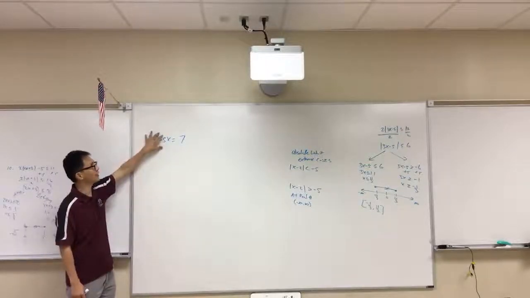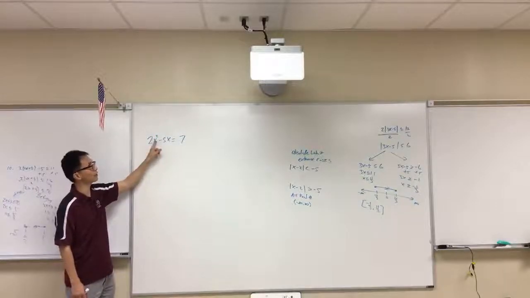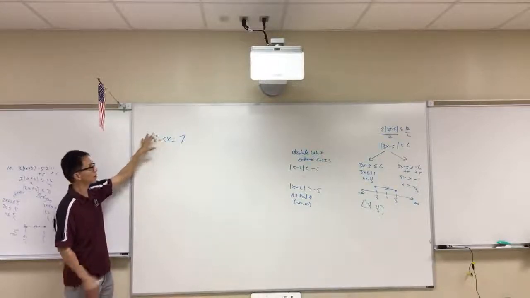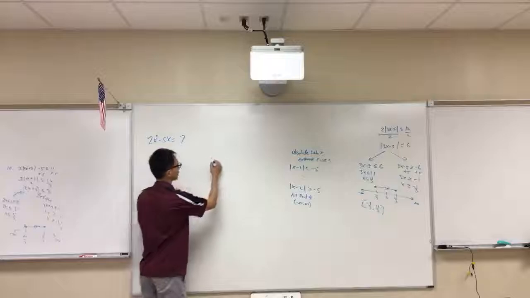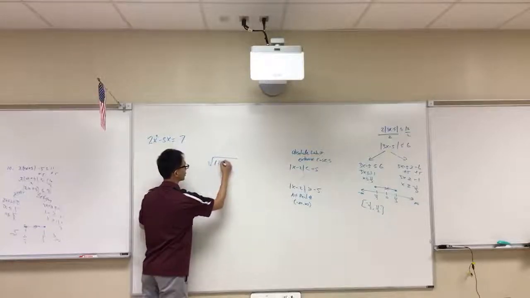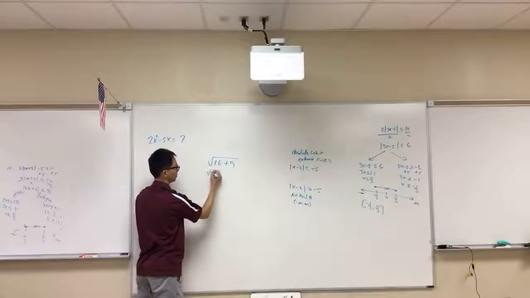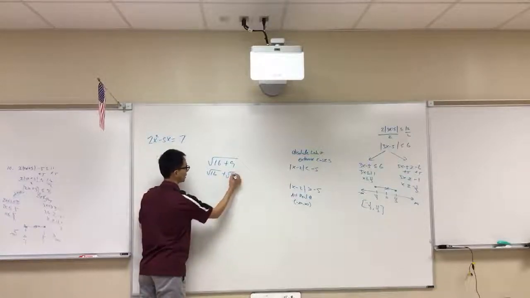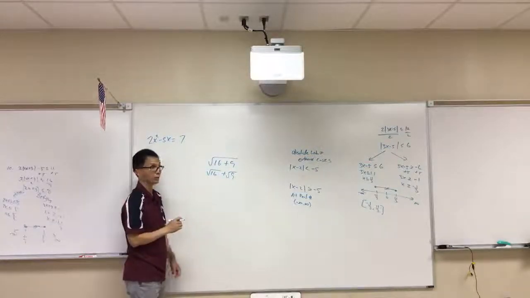You really cannot square root this and get this to cancel out, because it doesn't make sense, right? First of all, you have to understand you cannot do square root 16 plus square root 9. That's not okay.